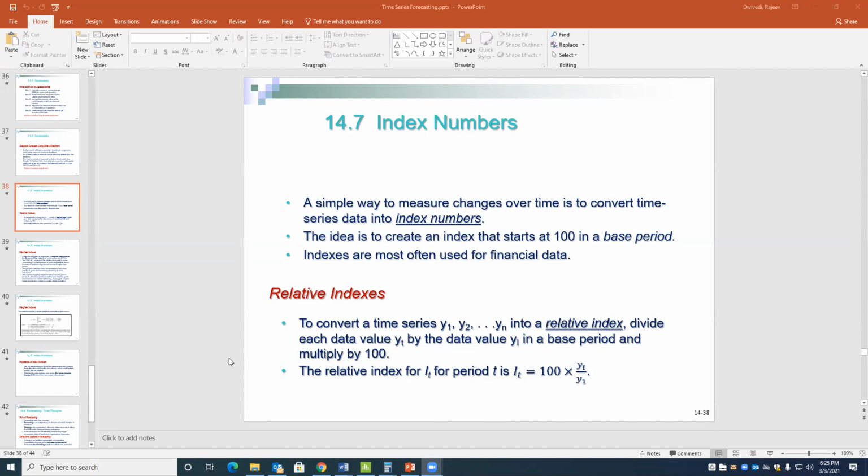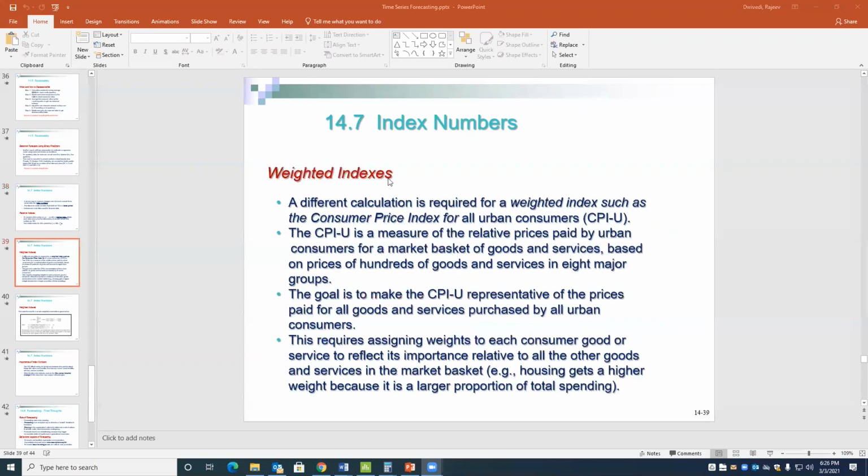So index equals 100 multiplied by today's value divided by the value on the day it was incorporated in Dow Jones or Standard & Poor's or Nasdaq.